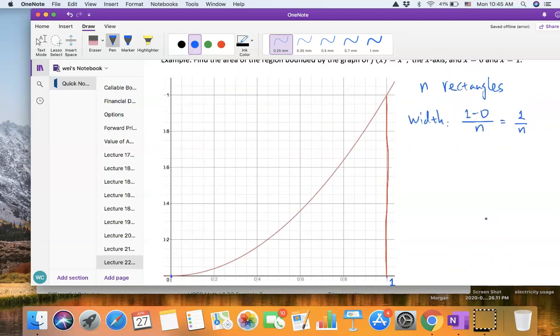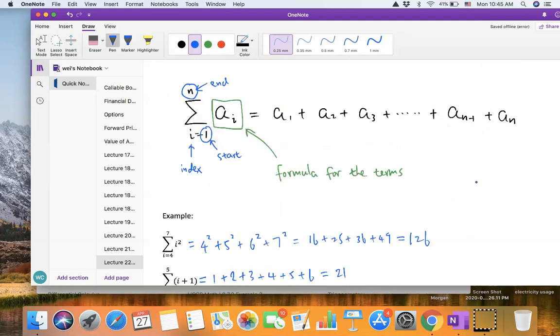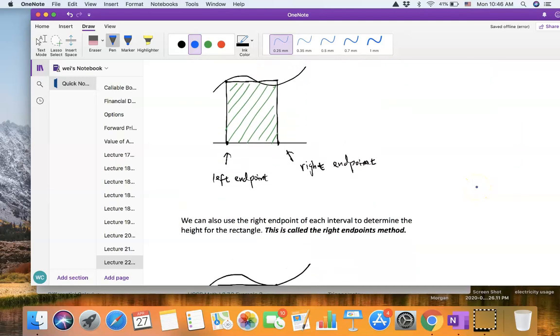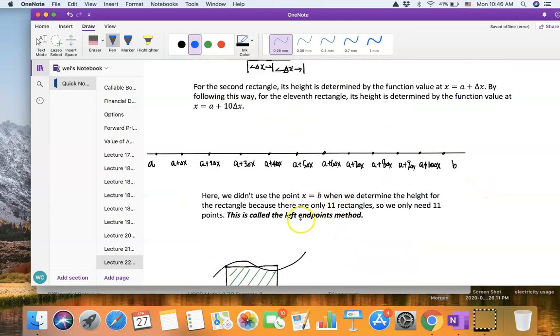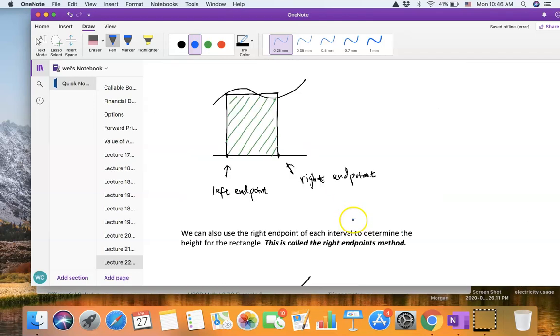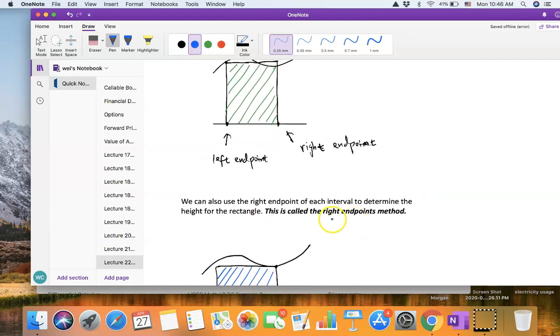Okay, and then when we decide the height of each rectangle, we want to first determine which method to use. We can use either the left endpoints method or the right endpoints method.